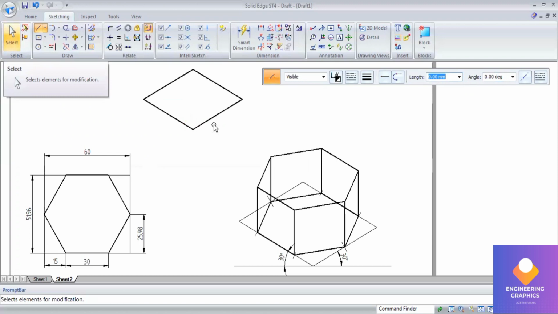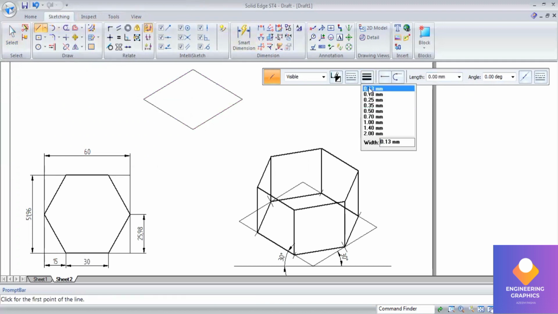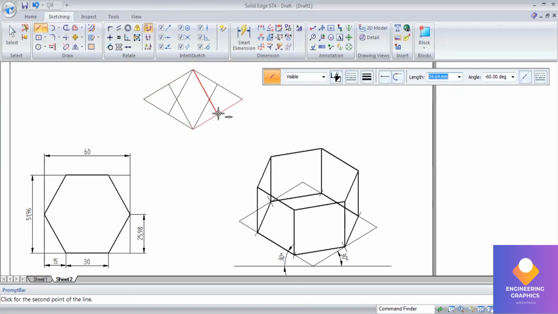Go to lines, select it, make these lines thin. Now go to line again. Using the four arc by center method, construct the ellipse. We all know how to construct the ellipse.